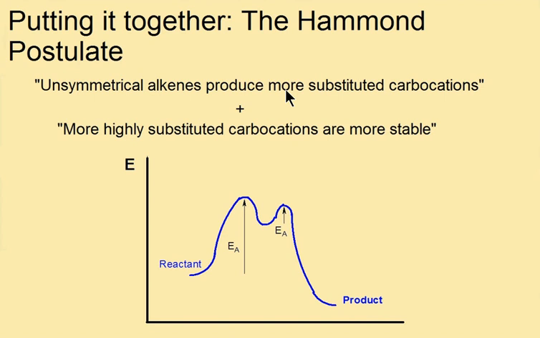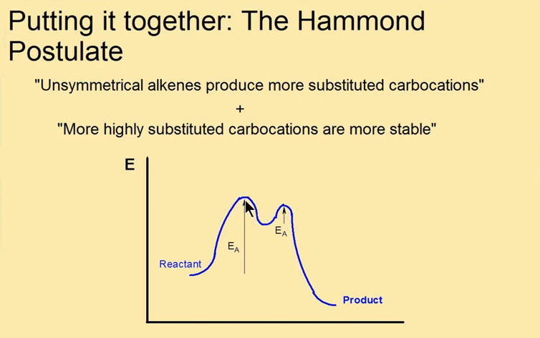So let's put this together, because these two ideas so far are actually connected. That is that the unsymmetrical alkenes produce more substituted carbocations, and the more highly substituted carbocations are the more stable ones. If we look at the overall reaction for the hydrogen halide addition to the unsymmetrical alkene, it happens in two steps.